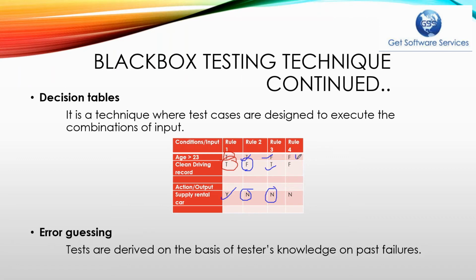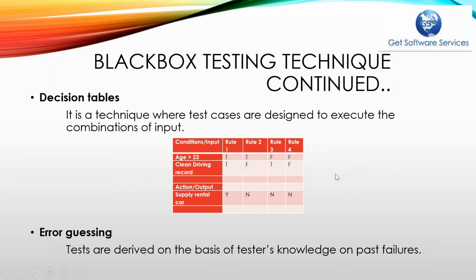If his age is less than 23 and does not have a clean driving record, again he should not be given the rental car. So I can test with all combinations. When I write it in the form of a table, I'm not going to miss any combination. So you write your conditions, you write the output and check for each true false value. That is a decision table when you have combinations to test.